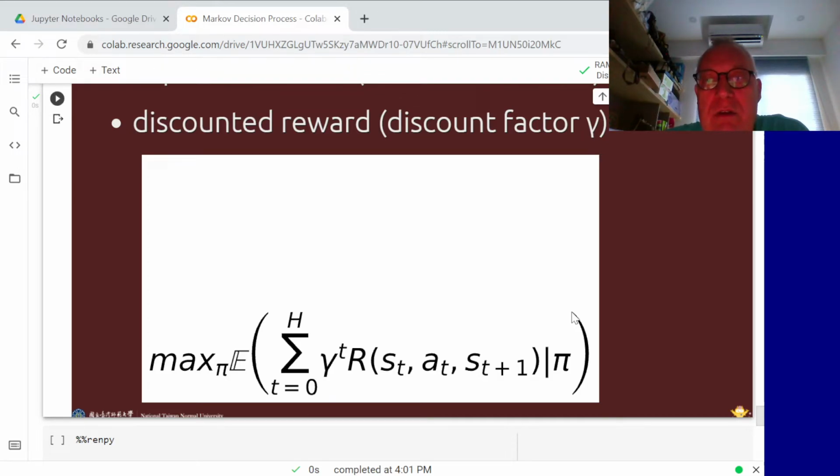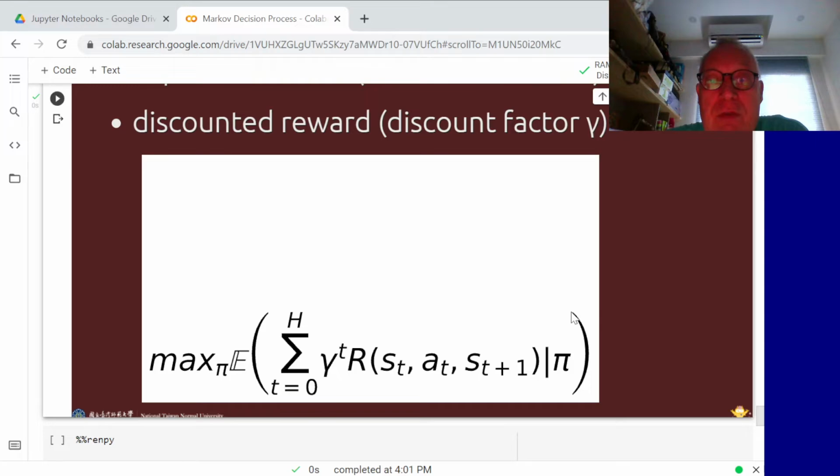So this discount factor gamma is there because it usually is true that the earlier you can get the reward, the more useful it is to you. The less things can go wrong.